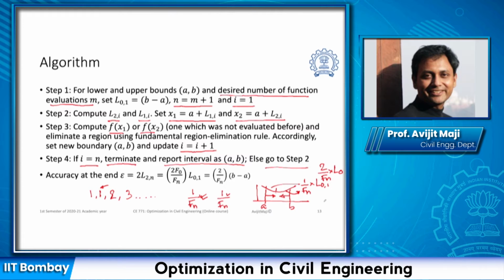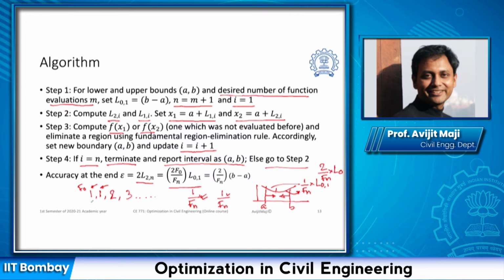So the accuracy we can reach in this method is going to be 2 times the last distance, 2 times L2n, which is 2 times F0 by Fn times my initial distance between the lower and the upper boundary, and F0 is this.